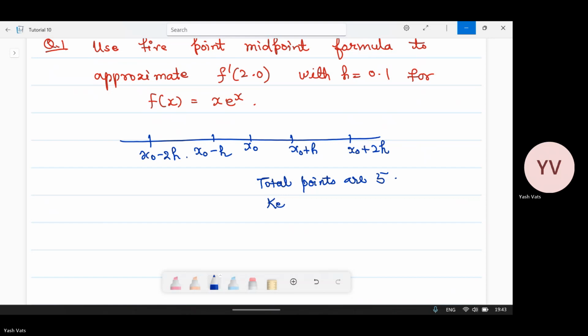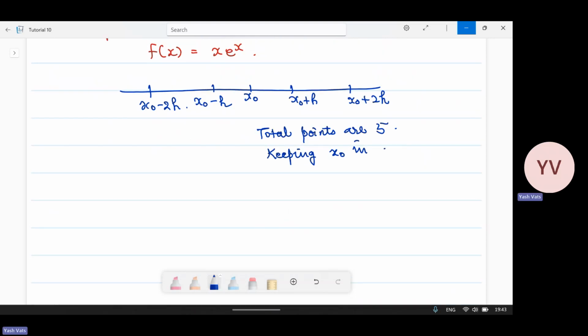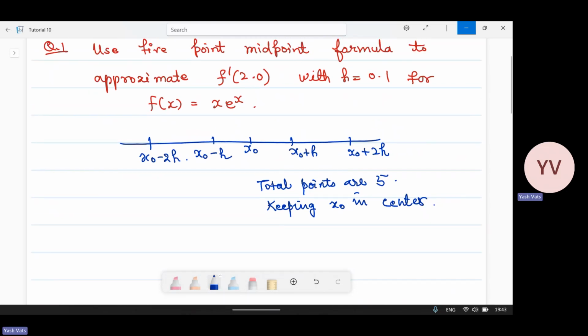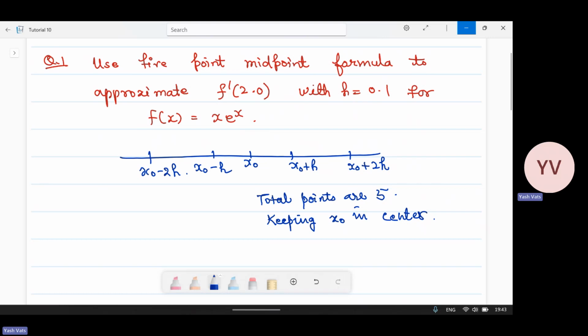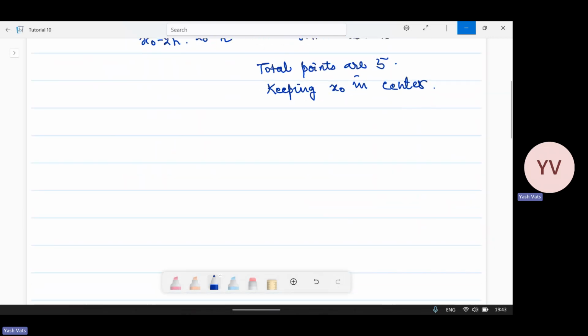Keeping x naught in the center, okay? So what we have to approximate is f dash 2.0. So I basically write the formula here.